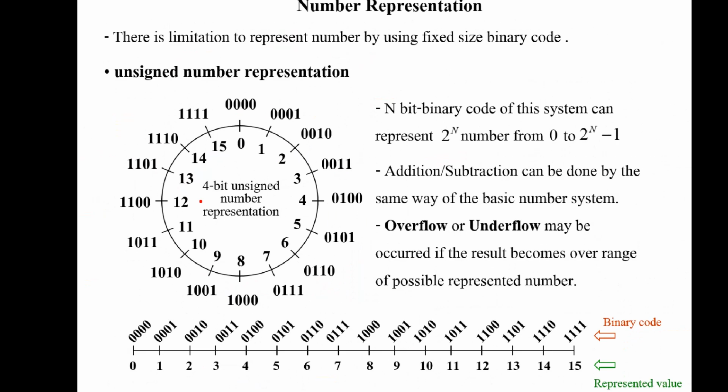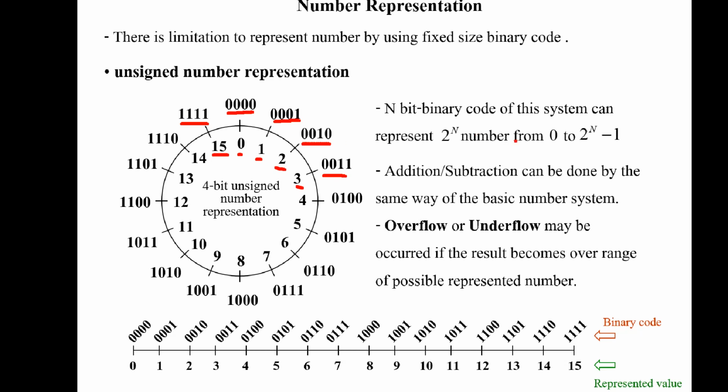The first one is called unsigned number representation. For this system, we represent only 0 and positive numbers. It uses 0000 for 0, 0001 for 1, 0010 for 2, 0011 for 3, and so on until 1111 for 15.